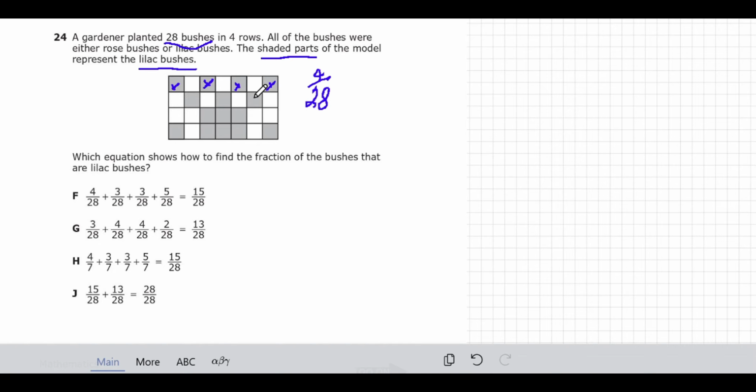The second row has 3 shaded squares, so it's 3 over 28. The third row has 3 shaded squares, so it's 3 over 28.